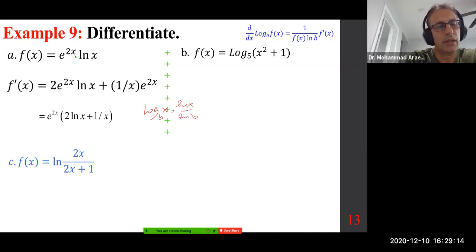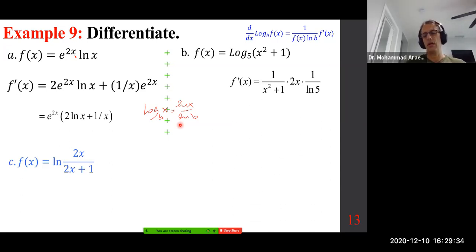So with that being the case, you try to simplify, it can't be simplified, so flip it over, 1 over x squared plus 1 by the logarithmic differentiation, then times 2x by the chain rule, then times 1 over ln of 5 by the change of base formula, and you just rewrite it, following the rule.